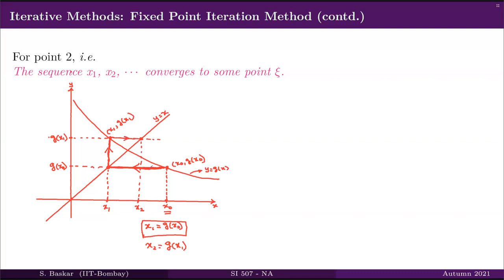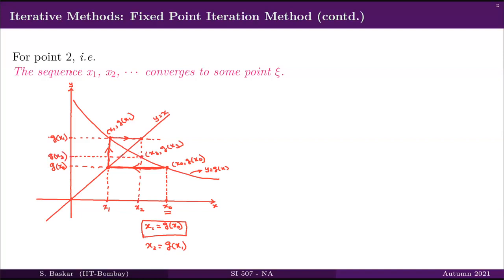And now to get x3, you have to catch hold of this point, which is x3 comma g of x3, and then draw the line y equal to g of x3, and then see the point of intersection of this line with the line y equal to x, right?